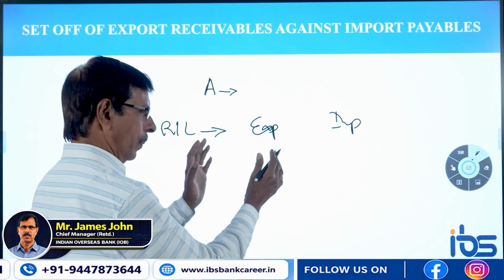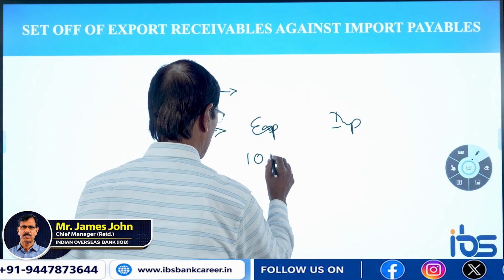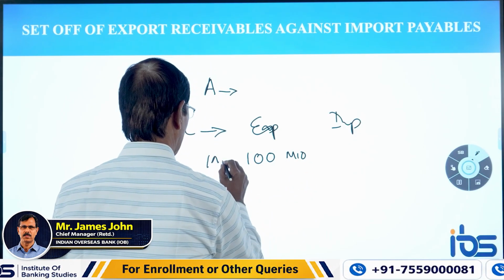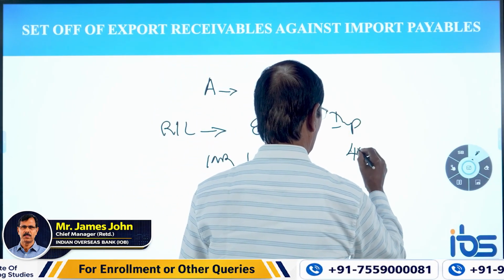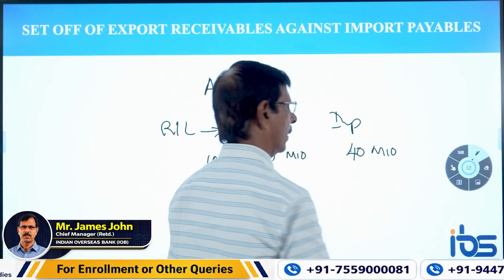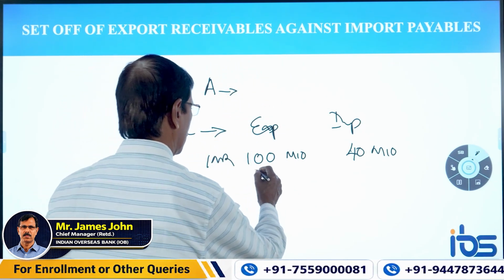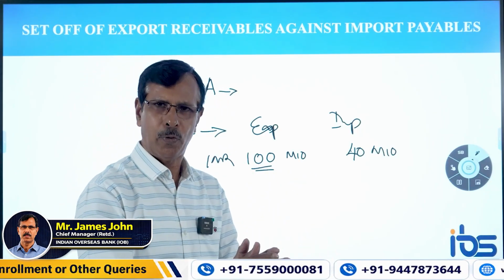So during a particular period, they have made an export of, say, 100 million Indian rupees. They have made an import of, say, 40 million Indian rupees. So this means this much they are receivable, they are eligible to get in the form of foreign exchange.